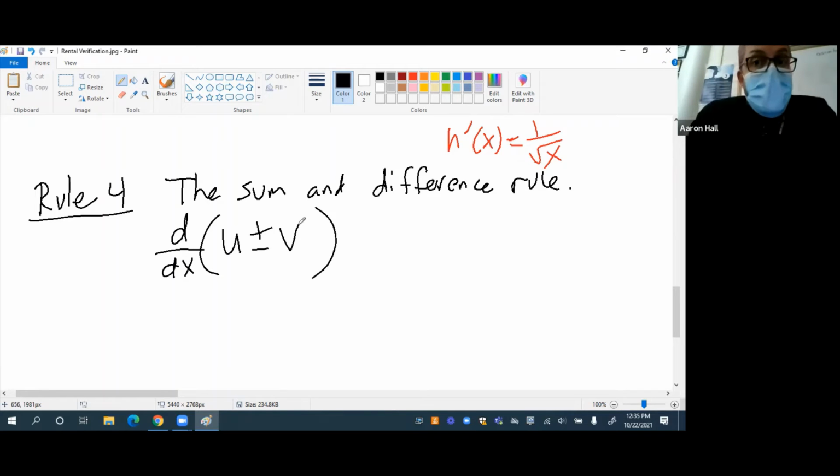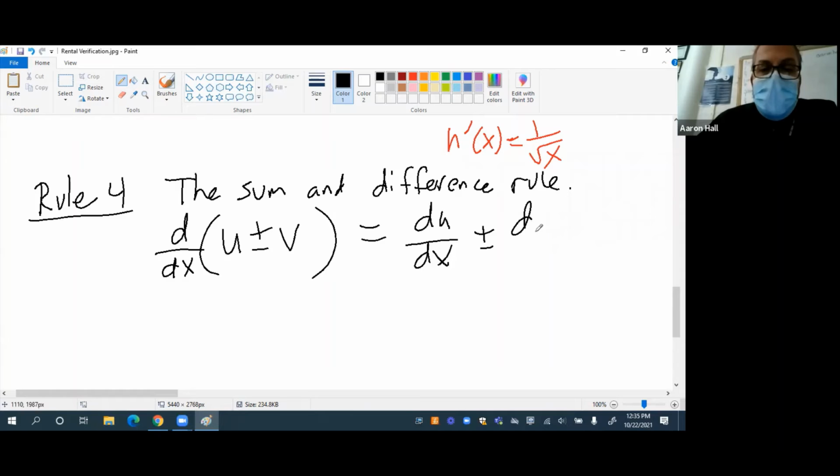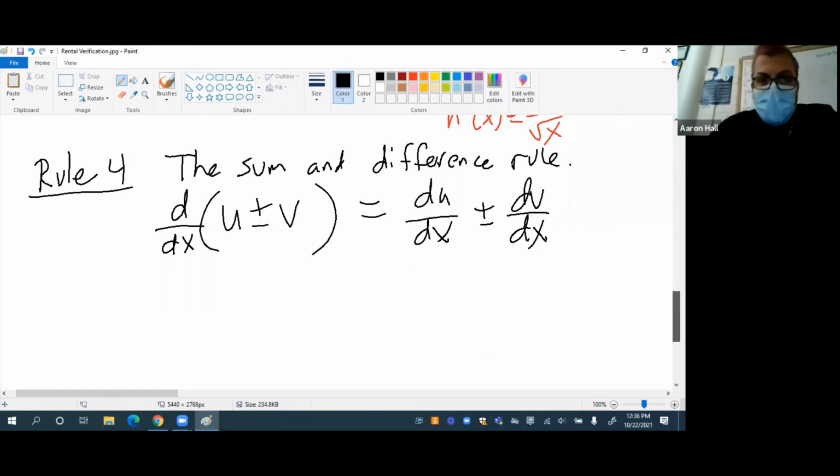Actually, that's the definition of a term, is that you have some quantity that's separated by addition and subtraction. Then I can do the derivative individually by terms. So this would be du dx plus or minus dv dx.